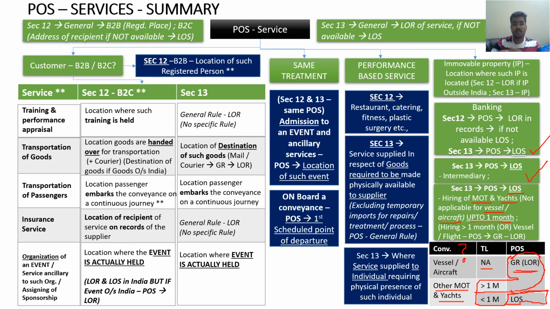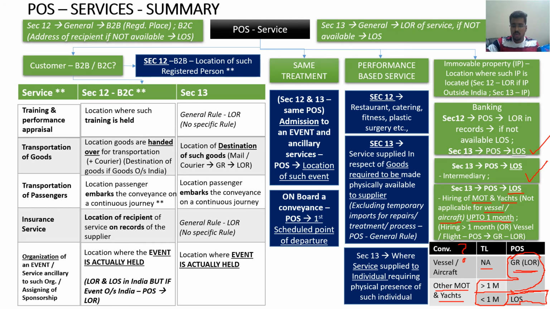No. The place of supply will be the location of recipient as per the general rule. Why? The specific rule will not apply in this case, because the hiring of the yacht is more than a month. Up to a month is when the specific rule will apply. If it is more than a month, the specific rule will not apply. You go to the general rule.